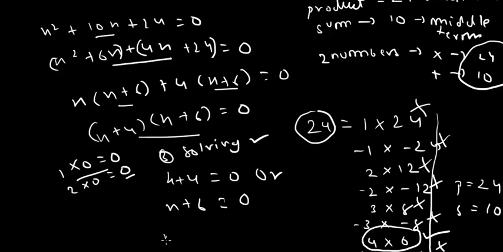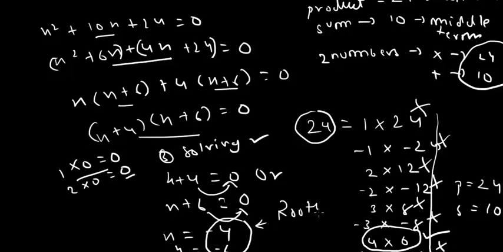Hence we have x equal to minus 4, because plus 4 goes on this side, it becomes negative. Or x might be minus 6, because this 6 will again go on this side and become minus 6. So these are the two roots of the quadratic equation and the answer to our problem. X could either be minus 4 or x could be minus 6.